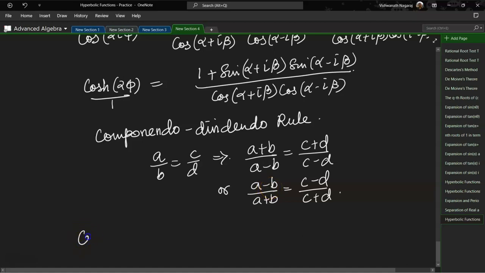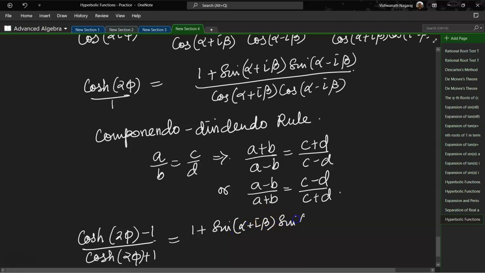So what do we get? cosh 2φ minus 1 by cosh 2φ plus 1 is equal to, remember, numerator minus denominator. So 1 plus sin(alpha + iβ) sin(alpha − iβ) minus, now the denominator, cos(alpha + iβ) cos(alpha − iβ).